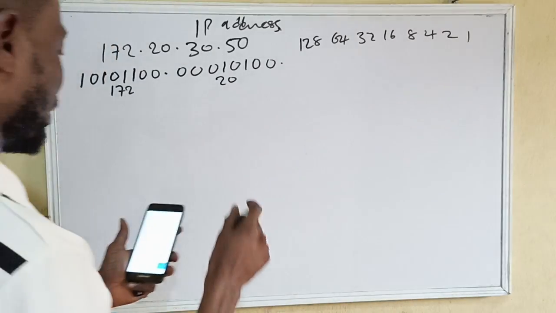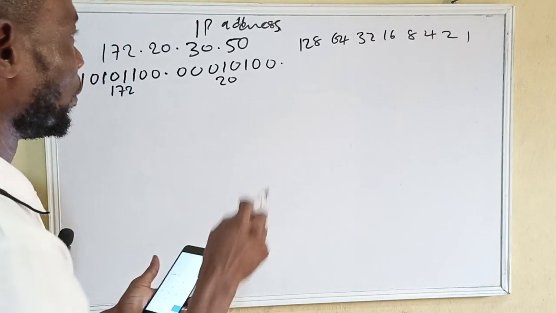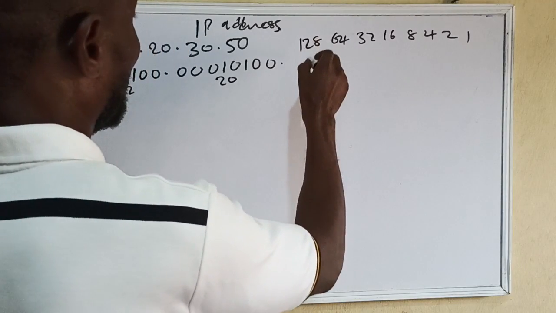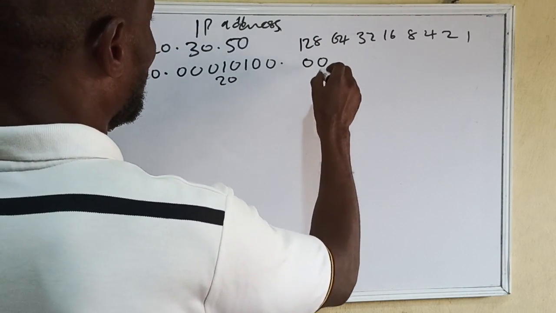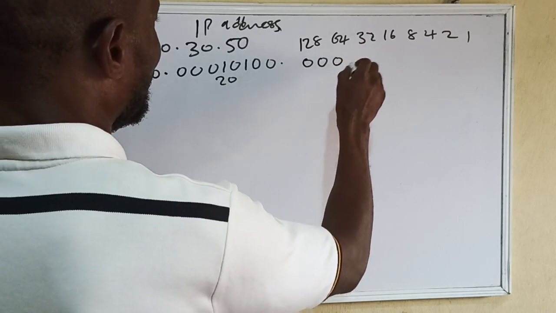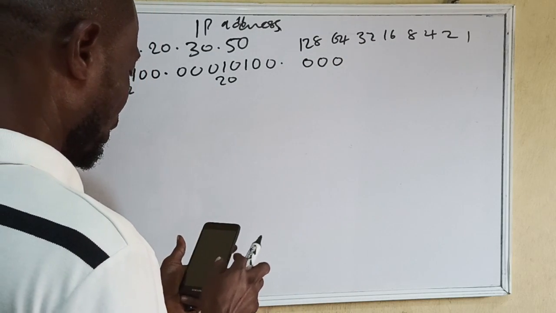30. Let's convert 30. Can 30 minus 64? No. Can 30 minus 32? No. Can 30 minus 16?